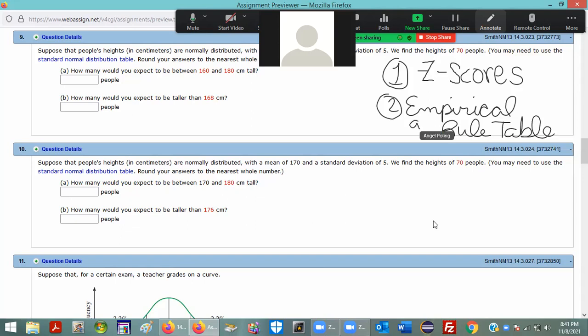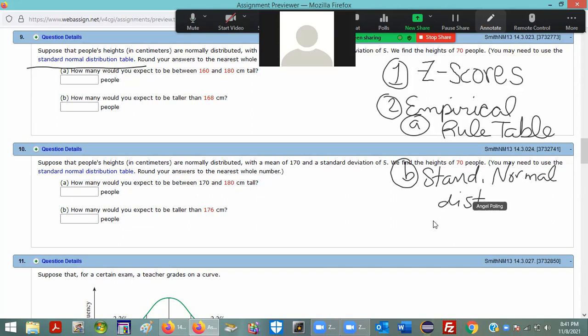For B, we had to use the standard normal distribution table that they gave us the link for, and that was to find the percent.